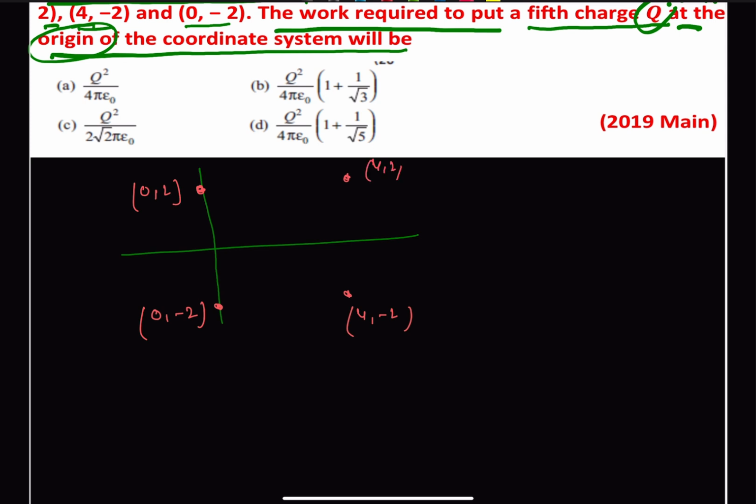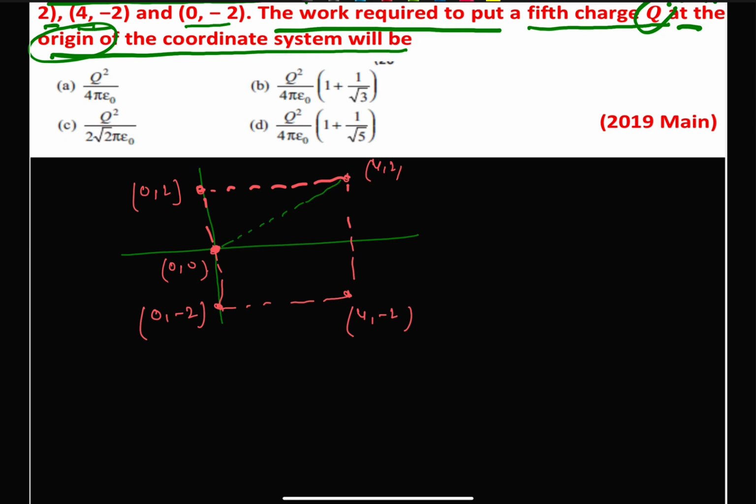So this will give us something like a rectangle. And we have to find the work done to bring a charge at the origin. So first of all, we are going to find the potential because of all the charges at the origin. And for that, we are going to require the distances.